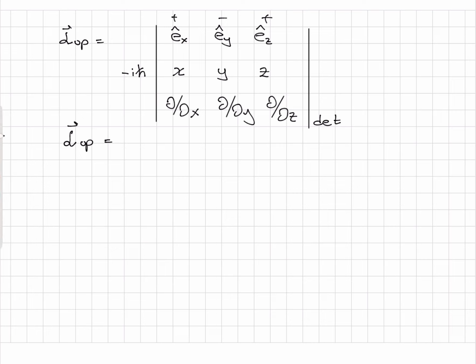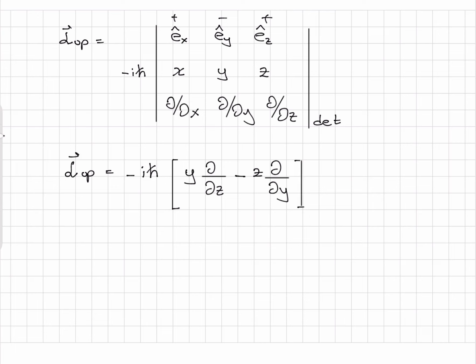So the L operator is equal to minus i h bar, crossing out the first row and first column, y del/del z minus z del/del y. And this is the x component, so this is in the e_x hat direction.